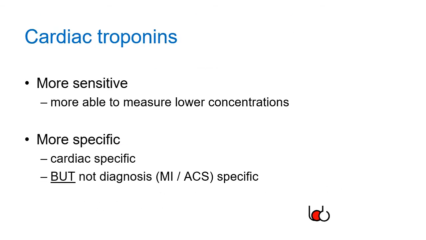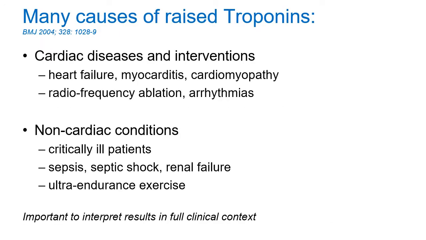So cardiac troponins are more sensitive in that they can measure lower concentrations. They are more specific, cardiac specific, but they are not diagnosis specific. There are many causes of troponin elevation, but all essentially have a cardiac origin.